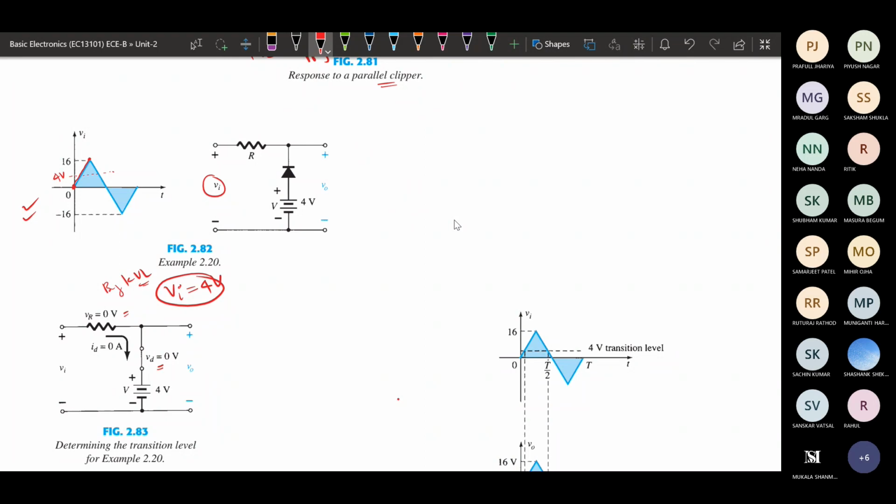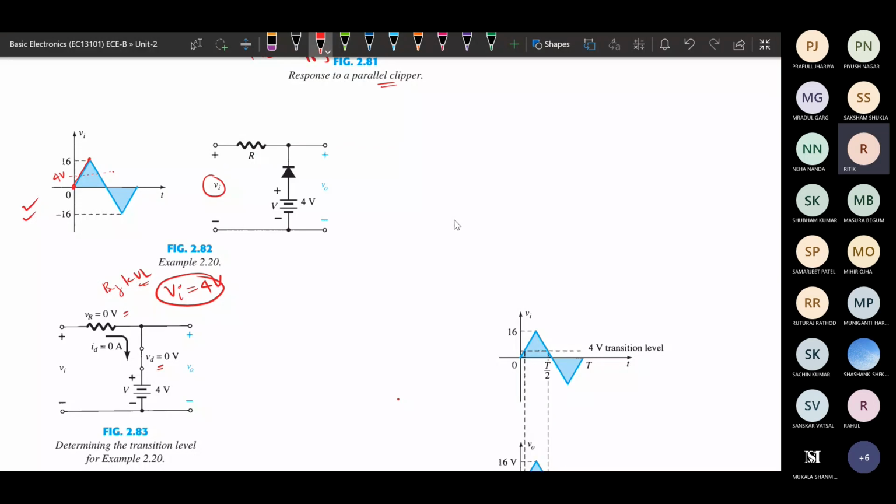So at 4 volt, the condition of switching will take place in this circuit. Once we draw the output, we will draw this 4 volt level. This will be the transition level at which the diode switches on and off.